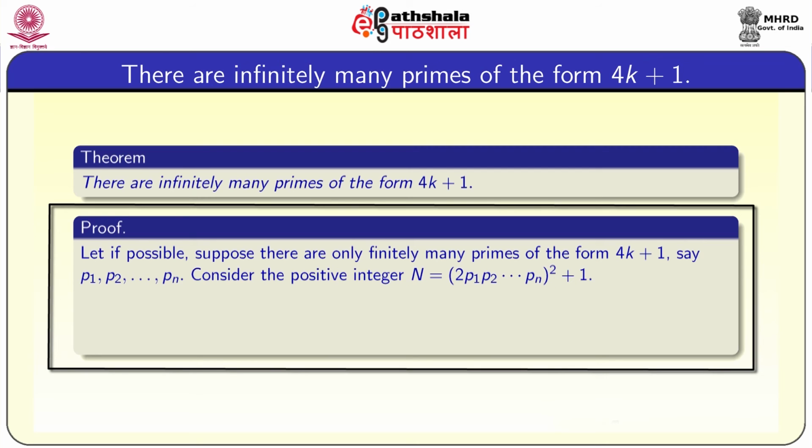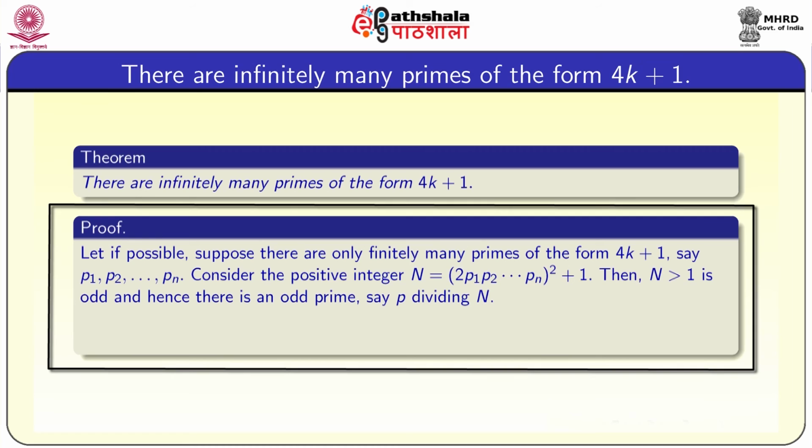For that, we consider the number n equal to (2 p1 p2 ... pn)^2 + 1. Recall that similarly, to prove that the number of primes is infinite, we assumed p1, p2 and so on up to pn are the primes and considered n equal to p1 p2 ... pn + 1. But here we consider n equal to (2 p1 p2 ... pn)^2 + 1.